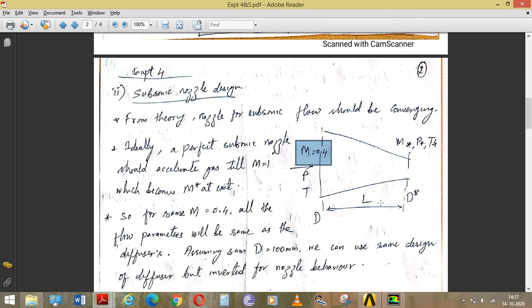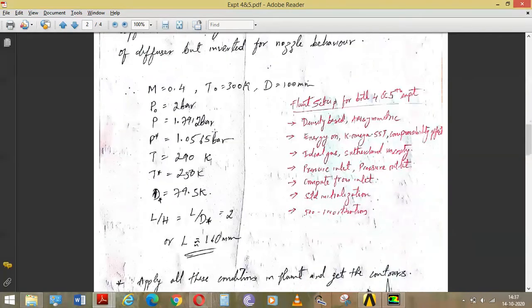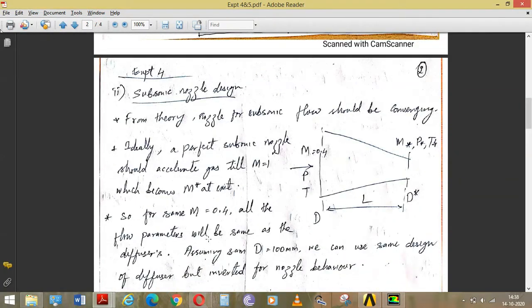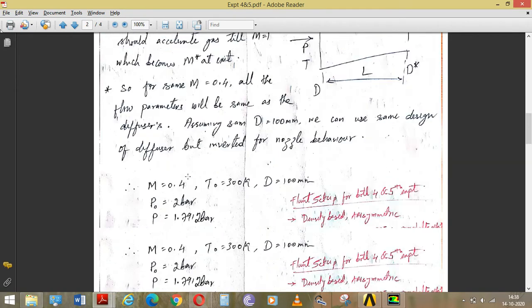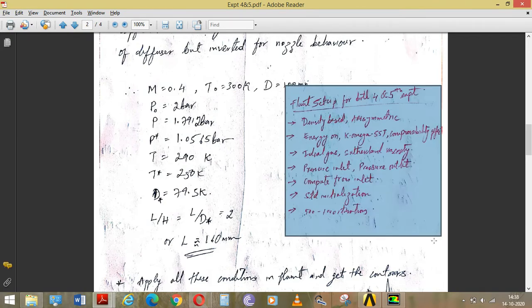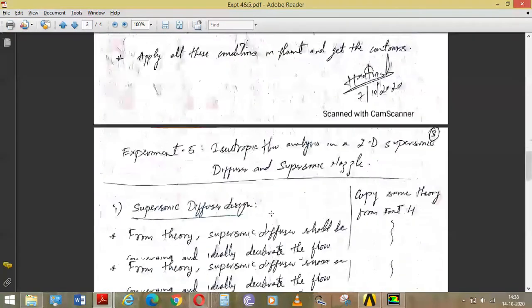D star, D, L, everything is same, meshing is same, even the parameters will be same, because M is same, you'll get same ratios. You have taken same total pressure, same total temperature, all other values will be same. Just the side will be reversed, and you'll get the same contours. I have written roughly how to use the setup. You can use this.